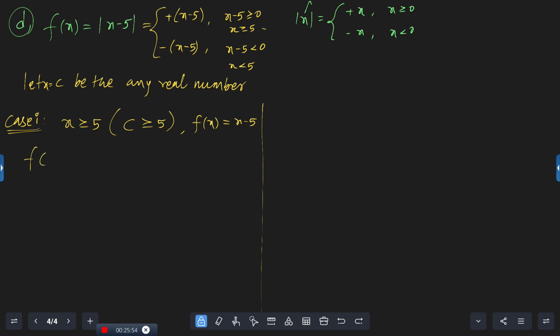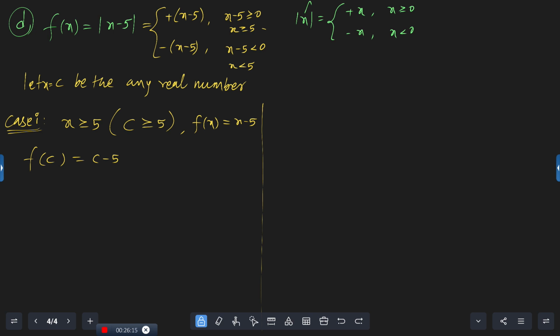What is that? At c we are checking. Don't take c as 5, because 5 and above is the meaning. So c only we have to substitute. f of c is c minus 5. Instead of x, if I replace with c, you will get c minus 5.